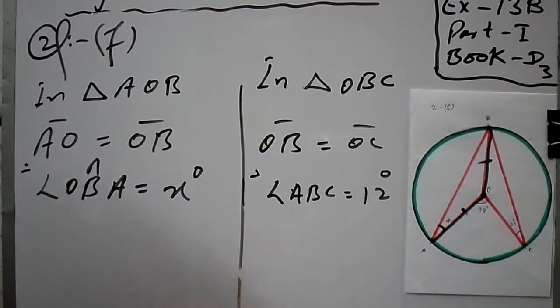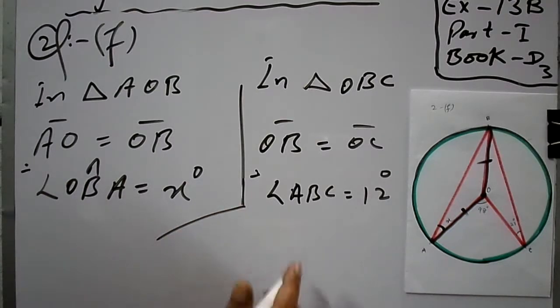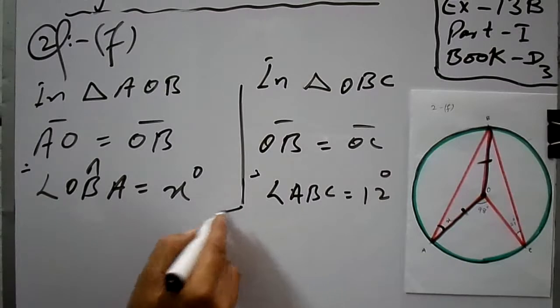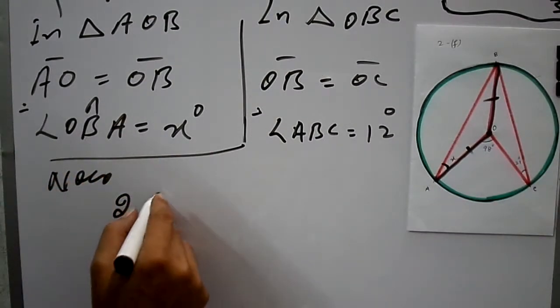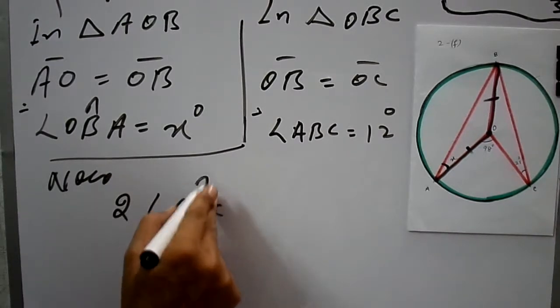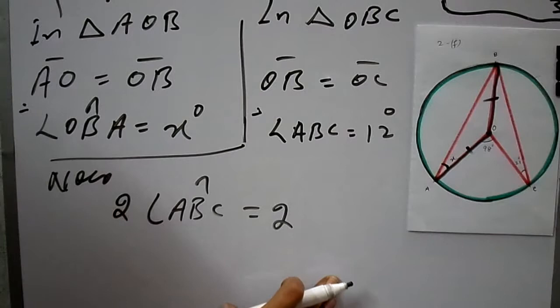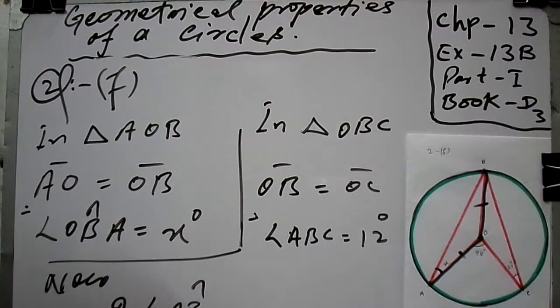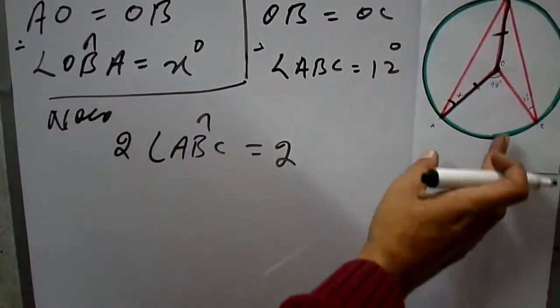Now you can see here, because we have less space here. Twice the angle ABC is equal to 98.